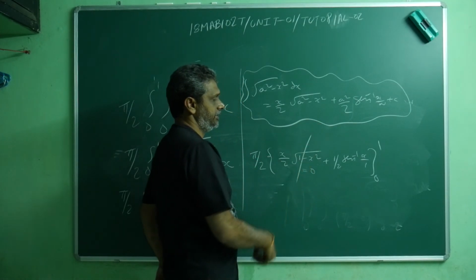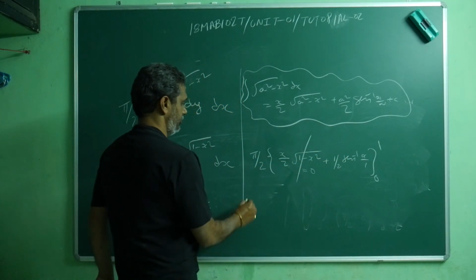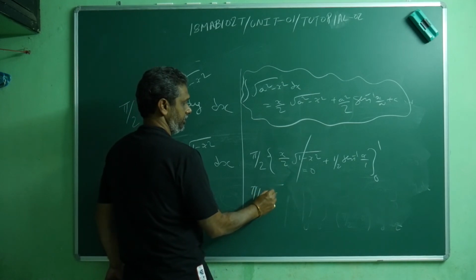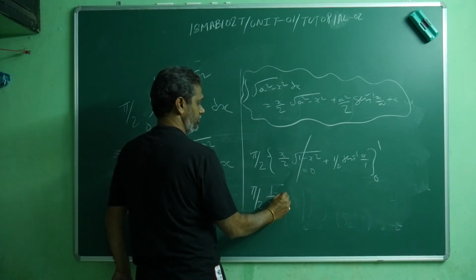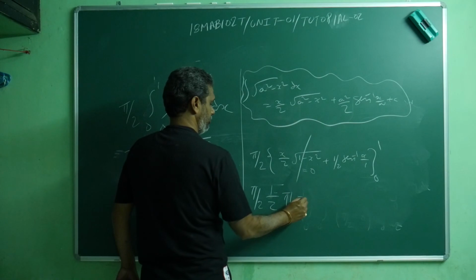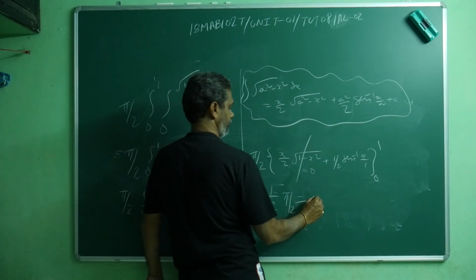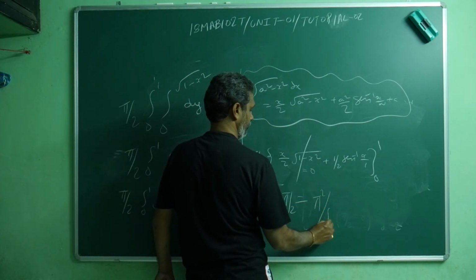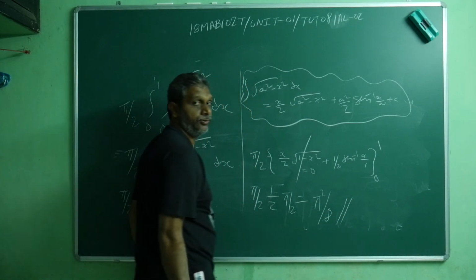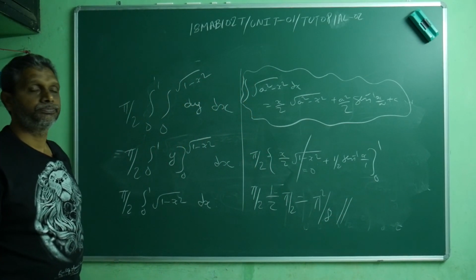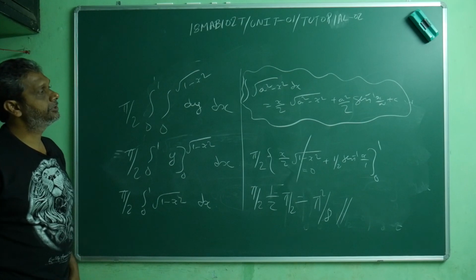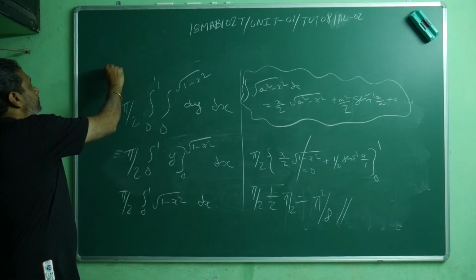With the pencil you can strike. Then if you apply this, pi by 2, this 1 by 2 is there, sine inverse 1 is pi by 2. So proved. Any problem? This is the way of doing. This is the third problem.